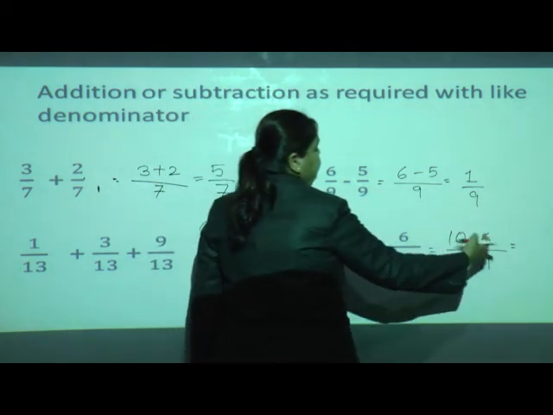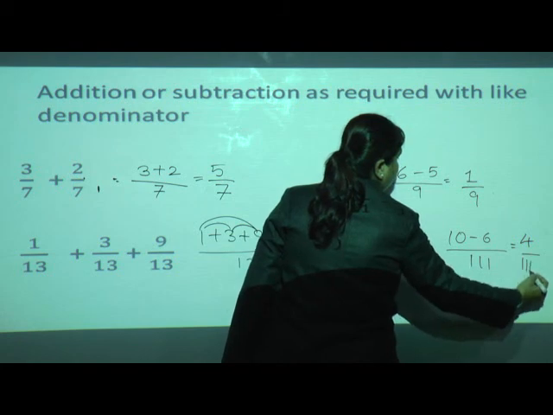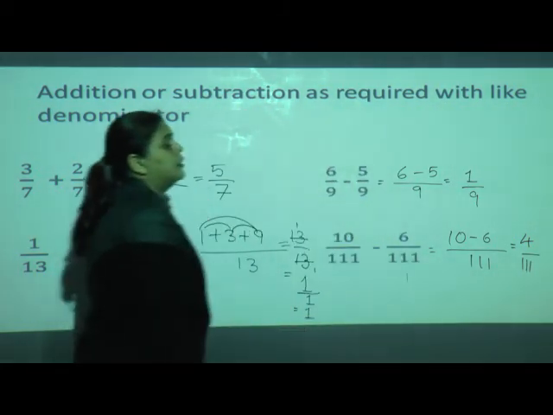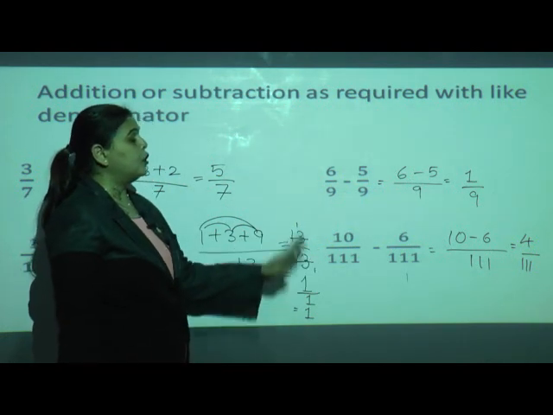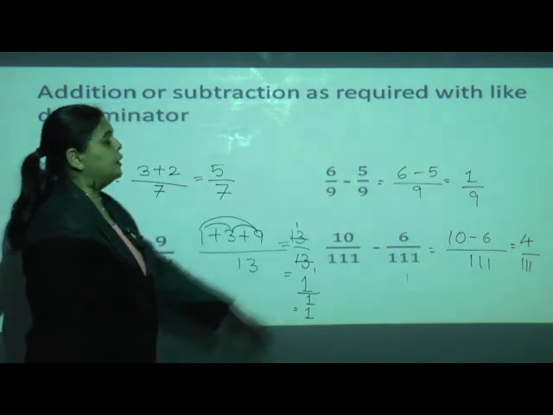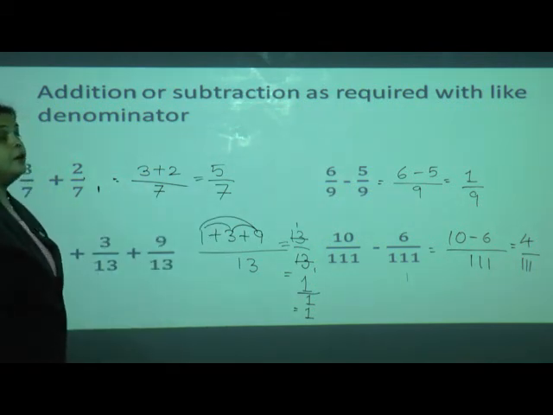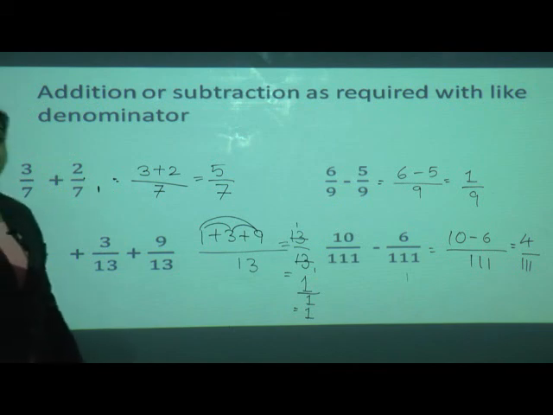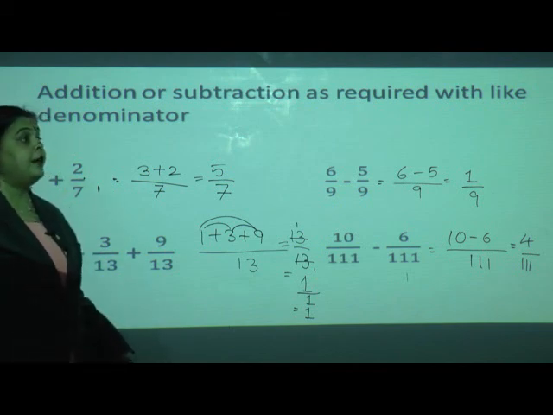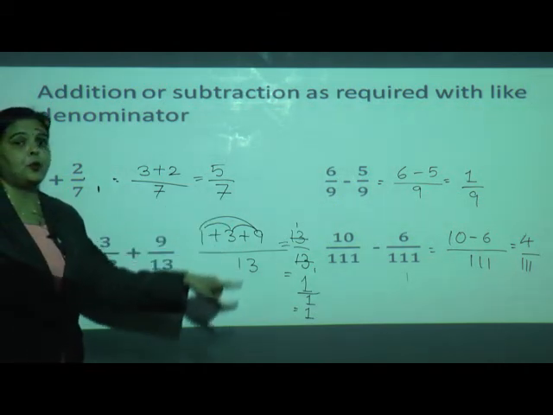So 10 minus 6 is how much? 4 upon 111. In this way, if one operation is given as addition and one as subtraction, but the denominators are the same, you can do the direct operations.